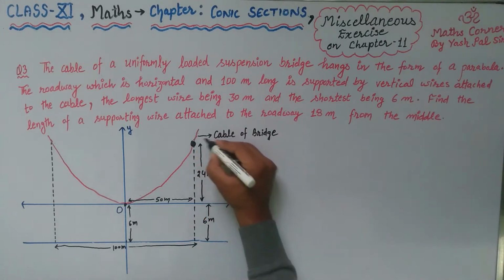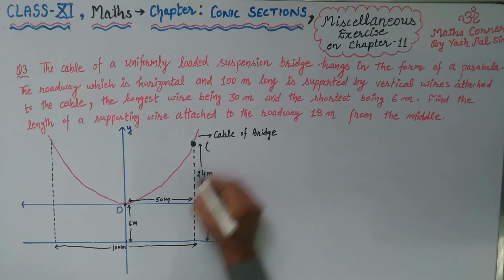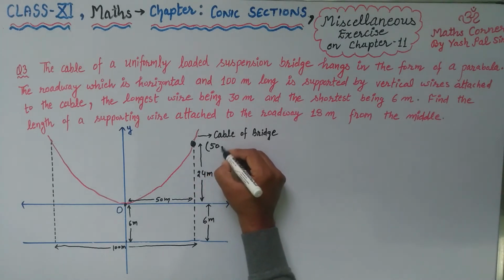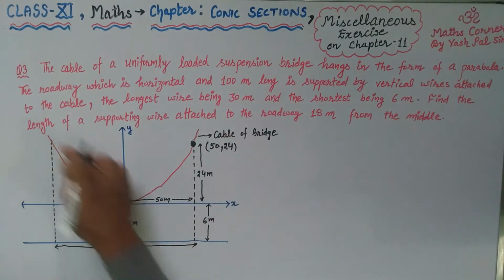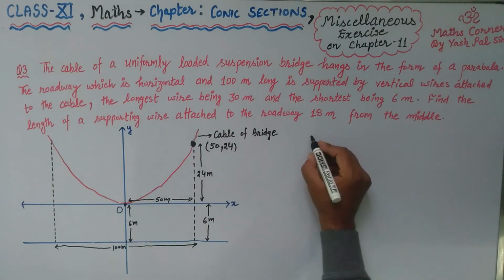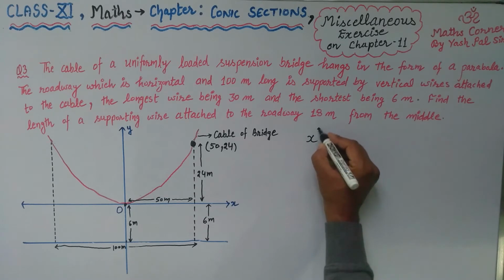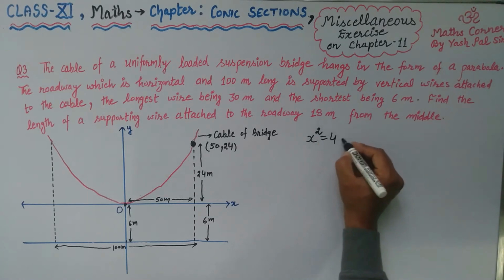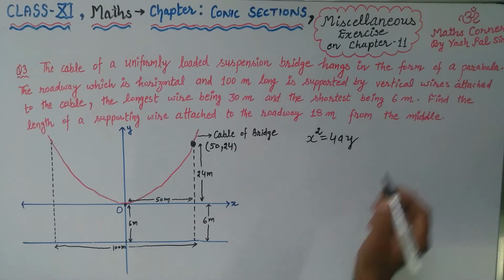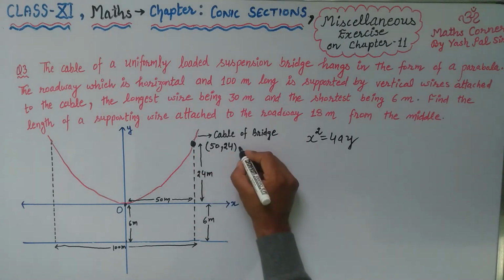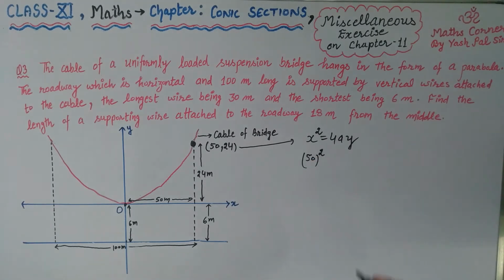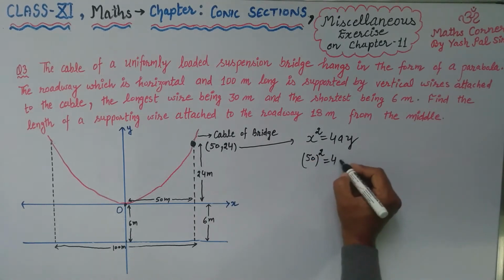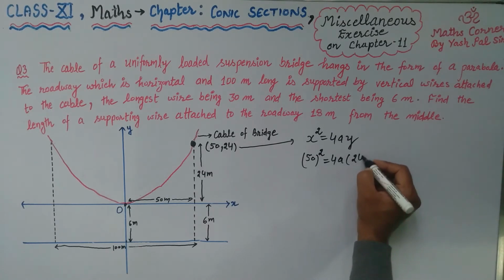So this point, the coordinates are x is 50 and y is 24. Obviously, upward parabola, the equation of the upward parabola is x square is equal to 4ay. Now substituting this point here, we have x value is 50 whole square is equal to 4a, y is 24.